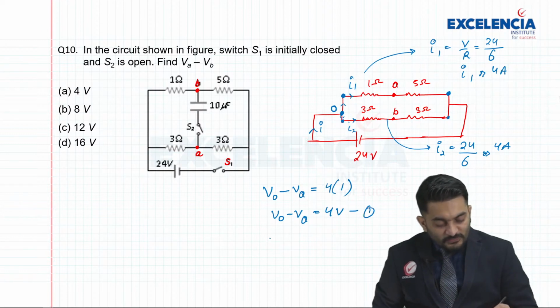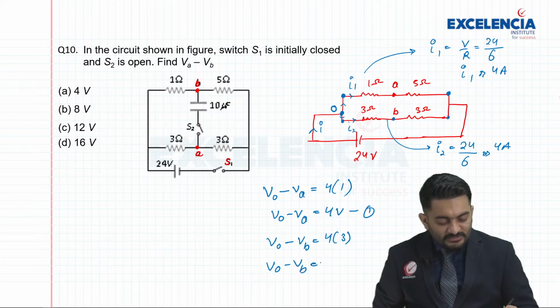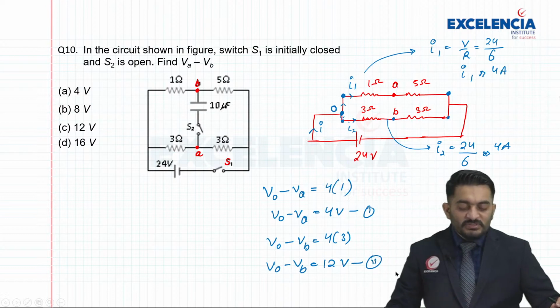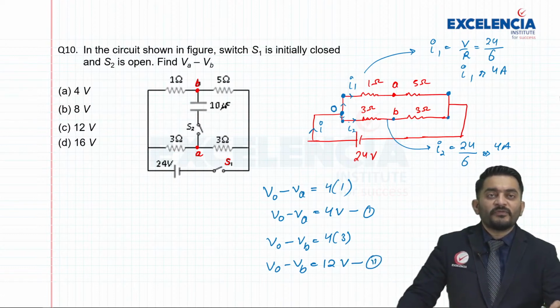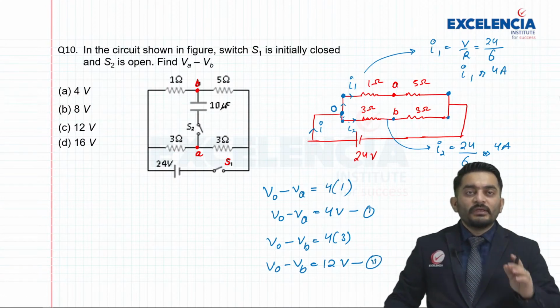Similarly, make an equation for VO minus VB: the resistance value is 3 and the current value is 4, so 4 into 3 means the VO minus VB potential difference is going to be 12 volt. So somehow I get the potential difference between OA and OB.